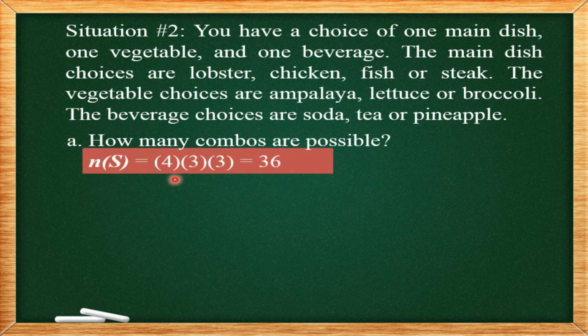Your N of S would be 4 main dishes. 1, 2, 3, 4. 3 vegetable choices, ampalaya, lettuce, broccoli. And 3 beverage choices. 1, 2, 3. Multiplying all of these, you come up with 36.